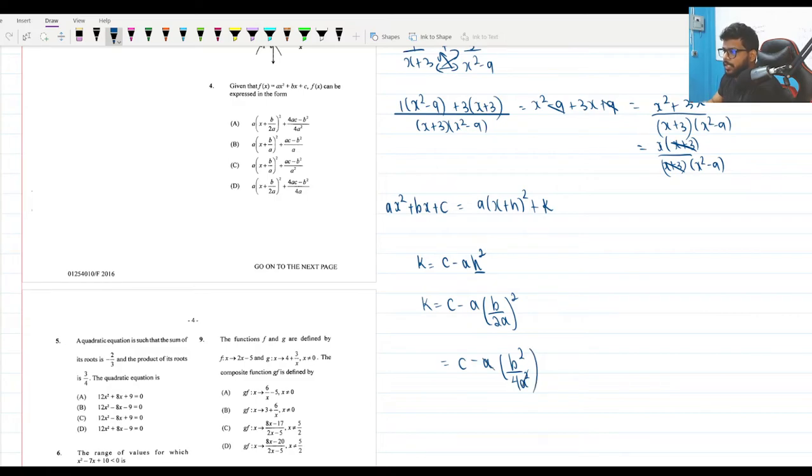The a could cancel with the a. I get 4a on the bottom. c minus b squared over 4a, and I can bring this to a simple fraction: 4ac minus b squared, all over 4a. So the answer is D.